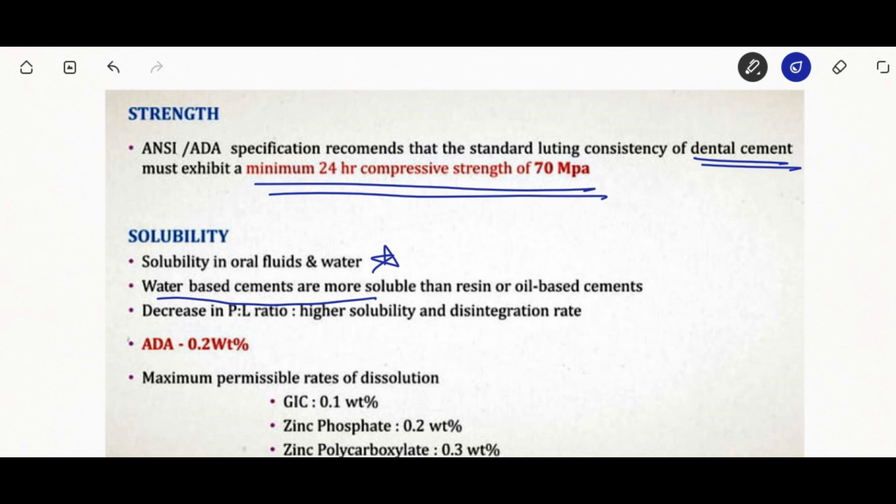With the decrease in powder liquid ratio, there is higher solubility and disintegration rate. So these are the figures showing the maximum permissible rate of the dilution of the various cements.